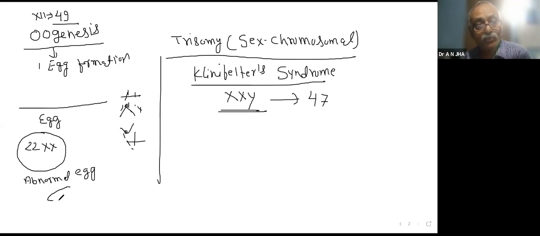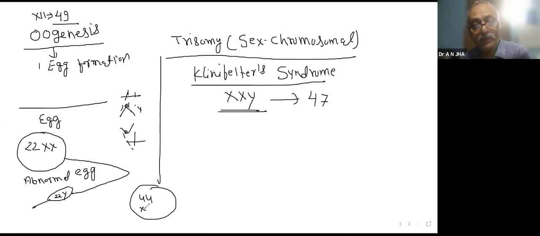When it fuses with a normal sperm containing the Y chromosome, what will happen? This zygote will have 44 plus XXY. There are two X chromosomes and one Y chromosome.